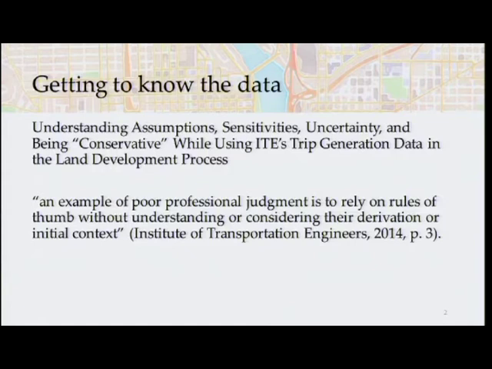And part of that is because ITE doesn't keep very transparent records of what the data are, and part of it is because they haven't really thought to look into it. And so that's really what I'd like to do, and what I'd like to consider is that if you are an agency or a practitioner who are applying these data, I want you to think a little bit more about the things that I talk about today and your own ideas to make sure that you're applying the best sense of judgment when you're using them.